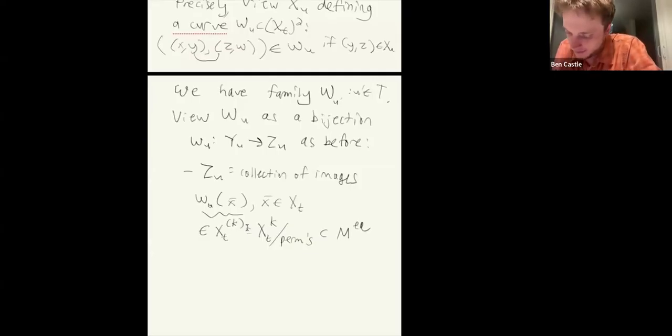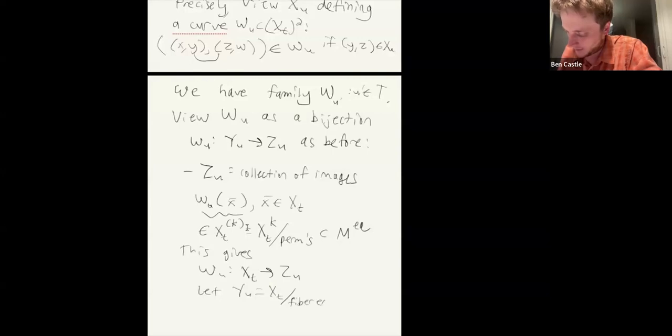And so this gives a way to view WU as a function from XT to this ZU. And then we just let YU be XT mod the same fiber relation, the fiber equivalence relation.